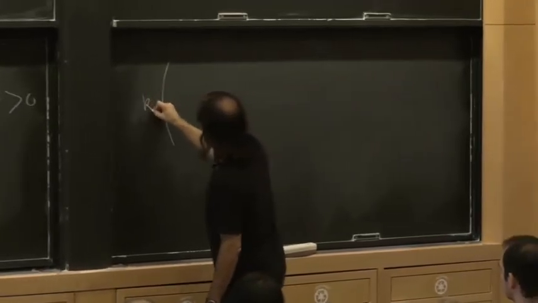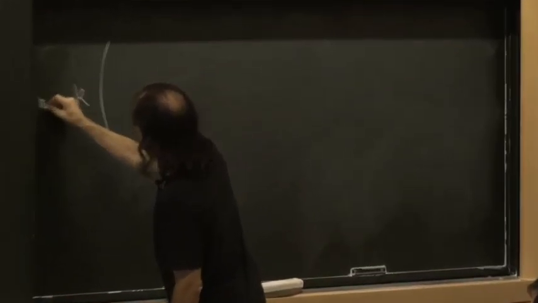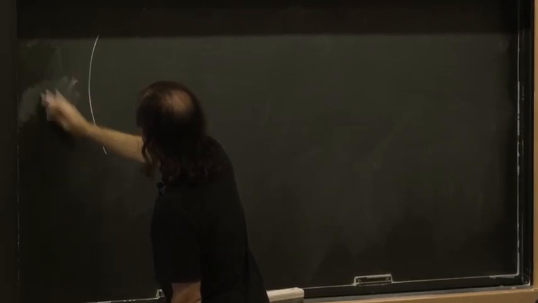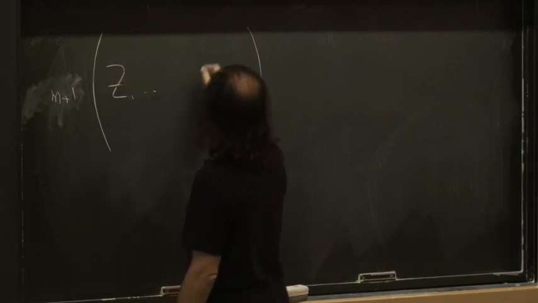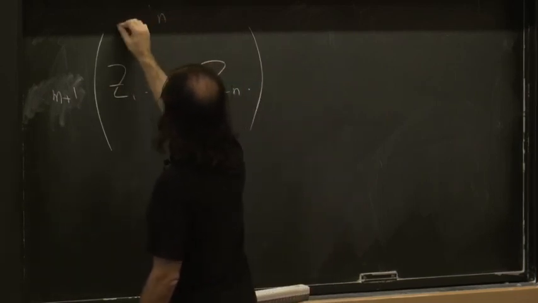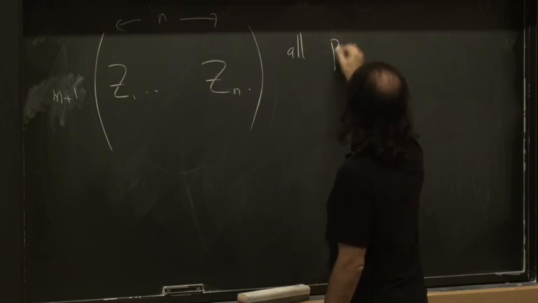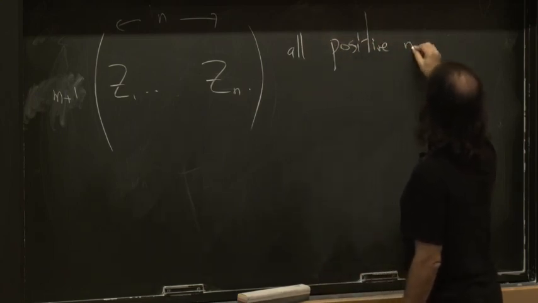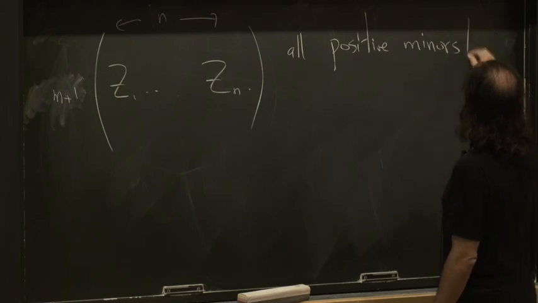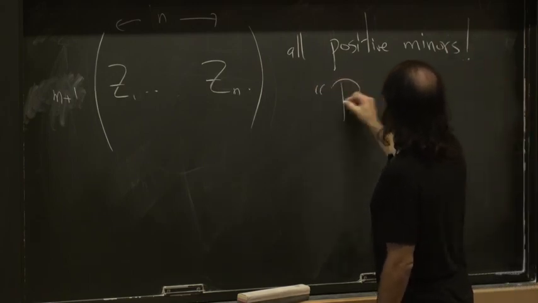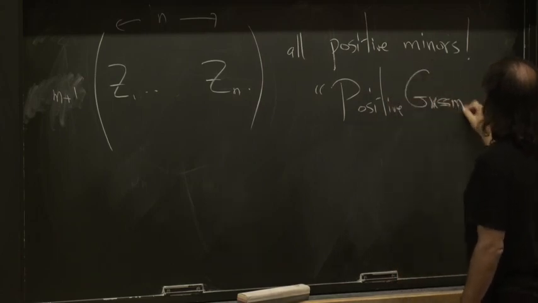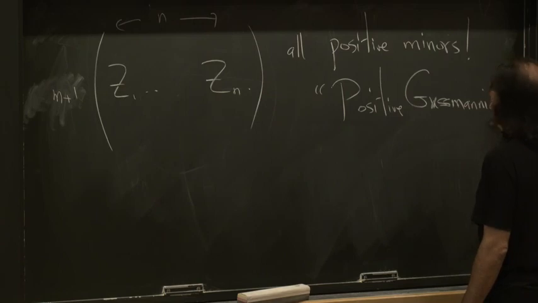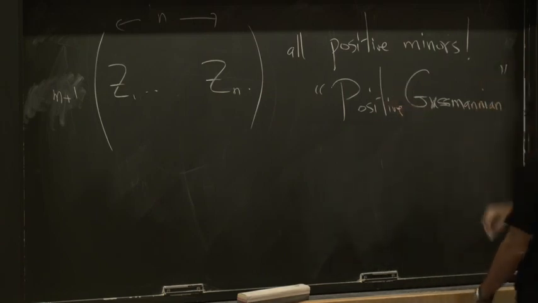Again, let me stress, now I have some (m+1) by n matrix with all positive minors. This we'll interpret in a different way in a moment as having something to do with the space of (m+1) planes in n dimensions.